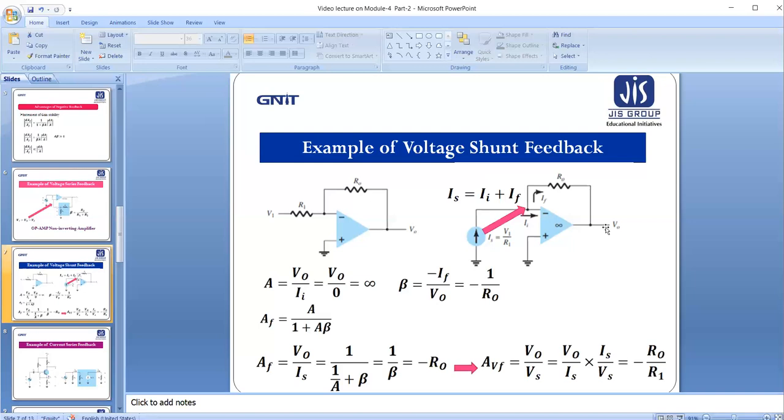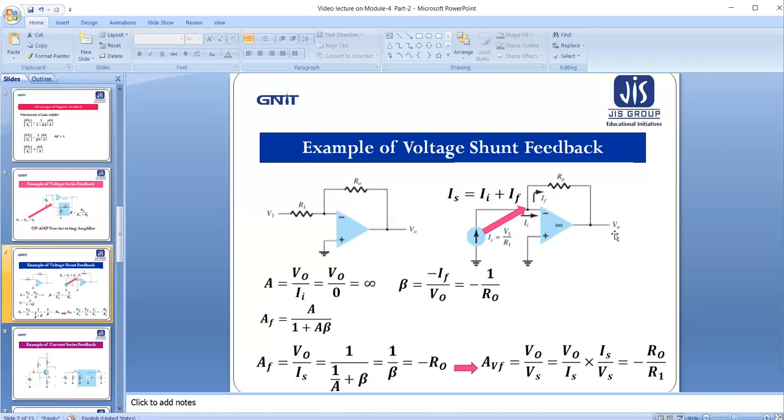Now we are going to elucidate first the gain without feedback. So A equals V0 by II. First, we are going to elucidate the gain of the circuit. A equals V0 by II. Why V0 by II? Because II is the actual input of the amplifier, that is the op-amp.